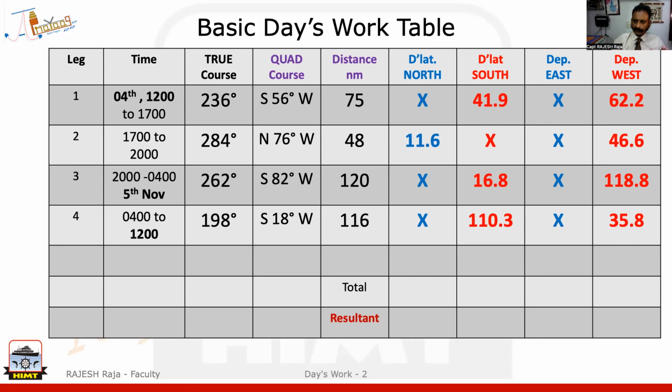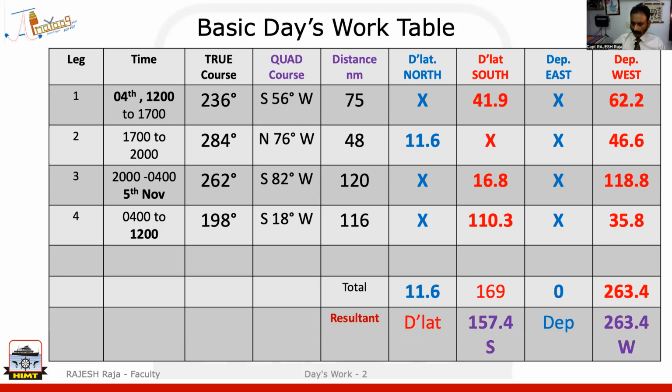This particular module I'm going to stop here. Why? Because it is going to become very lengthy. So all I have done is for each individual leg, I've calculated the D'lat and departure. Okay. So let us stop here. I can still go on telling about this resultant also, but I will talk about this in the next module.